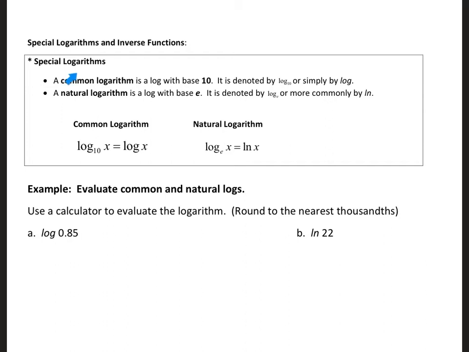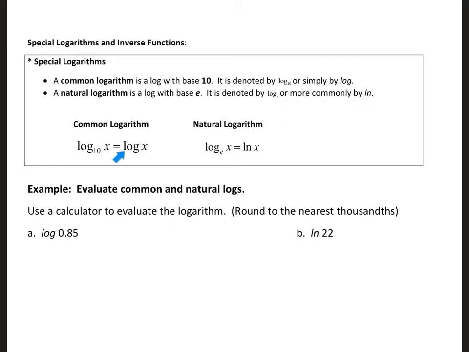So here we are looking at logarithms, and we are going to look at two types of logarithms you are going to encounter. One is called the common logarithm, and this is a logarithm with base 10, and this is the way we denote logarithm to base 10, or simply log. And the natural logarithm, which has a base e, and you're going to see logarithm to base e commonly denoted as ln.